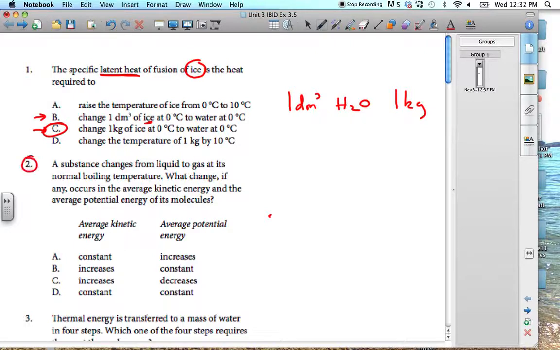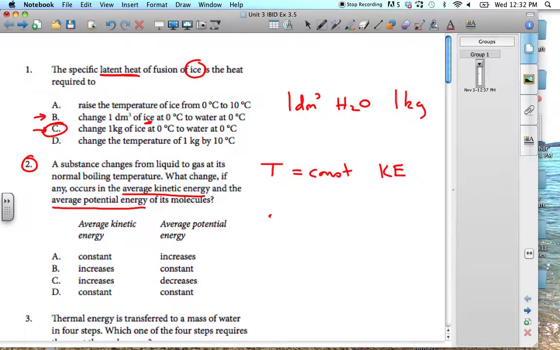2. A substance changes from liquid to gas at normal boiling temperature. What changes, if any, occurs in the average kinetic energy and the average potential energy? Now, I think we have to assume here that we are dealing just at the boiling point. So, in other words, temperature is constant. And so, because temperature is constant, your kinetic energy is going to be constant.